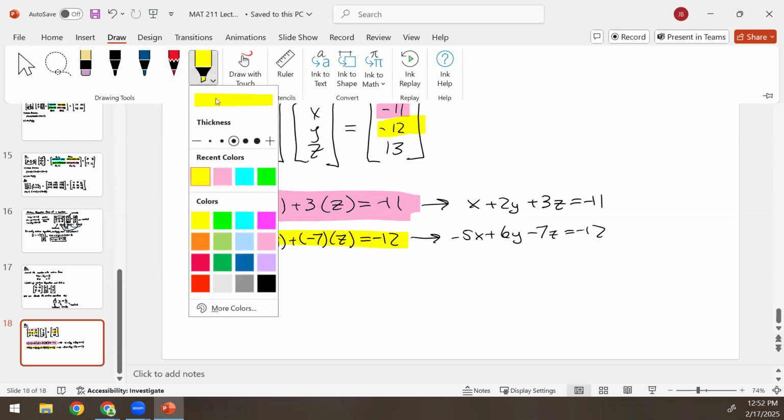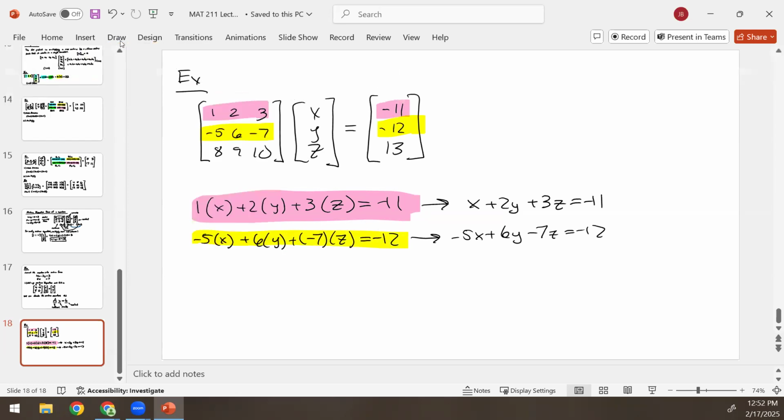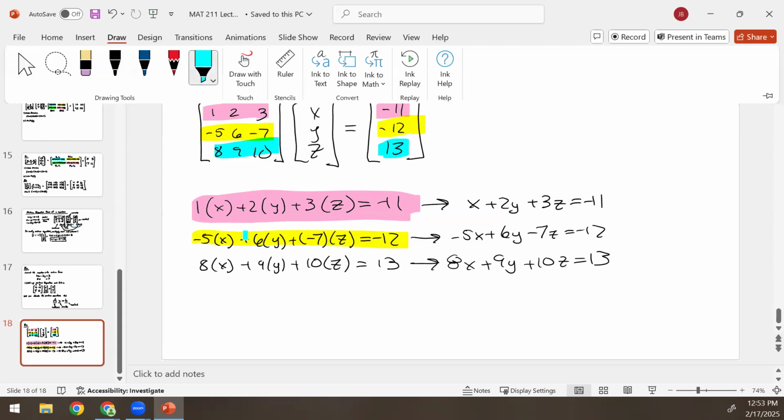And then the last one, we get 8 times x plus 9 times y plus 10 times z equals 13. 8x plus 9y plus 10z equals 13. And that's how we simplify it.